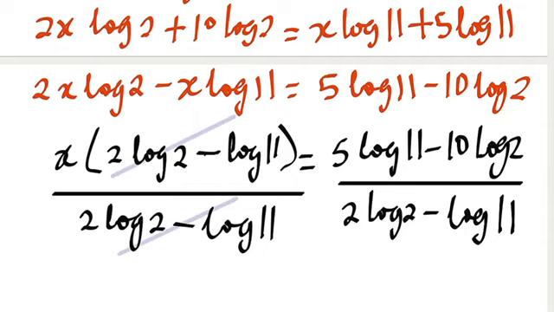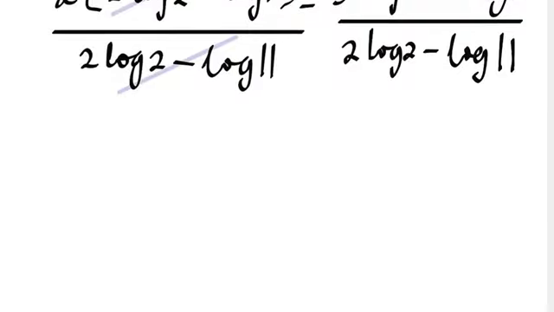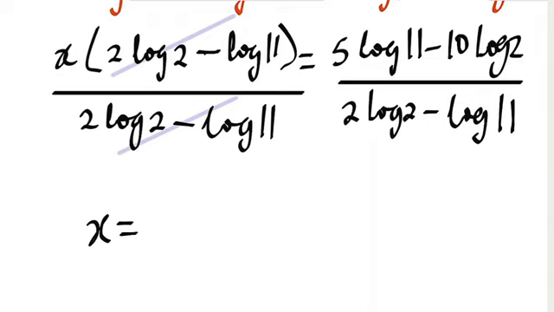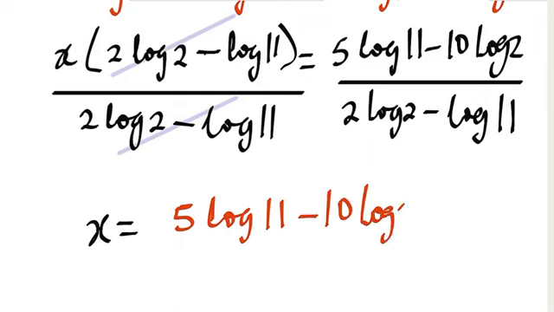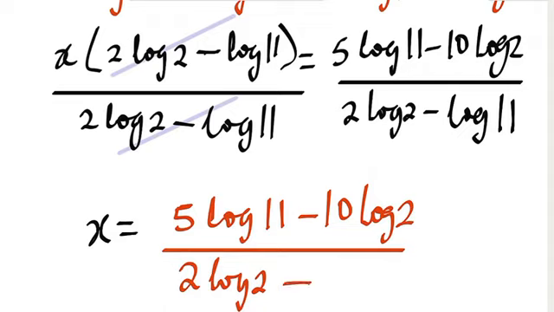So we are left with x equals 5 log 11 minus 10 log 2, then divided by 2 log 2 minus log 11.